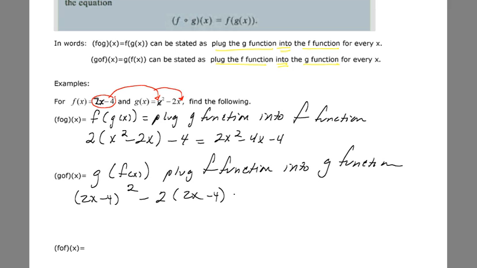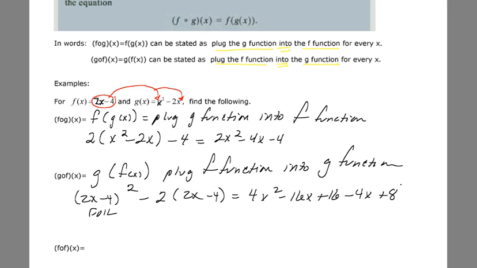And again, we'll need to do some algebra to clean it up, but that's the basic operation. We need to FOIL this out and go ahead and distribute it by 2. Distribute the 2. So we'll end up with 4x squared minus 16x plus 16 minus 4x plus 8.